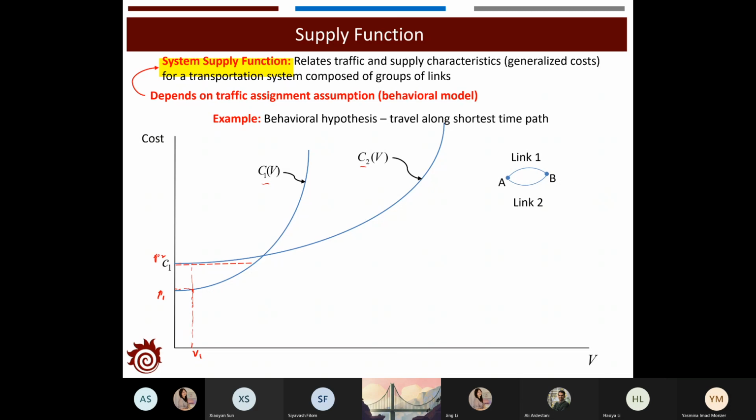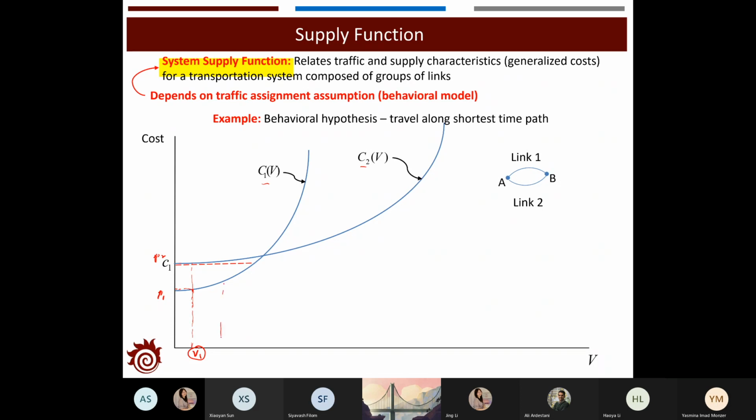Apparently P2 is much larger than P1, so in that case this V1 flow will never take link 2. They can just take link 1 with the smaller cost.